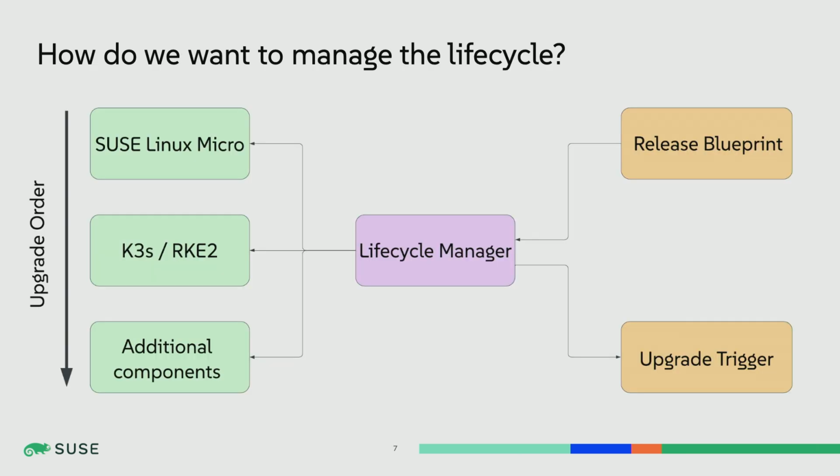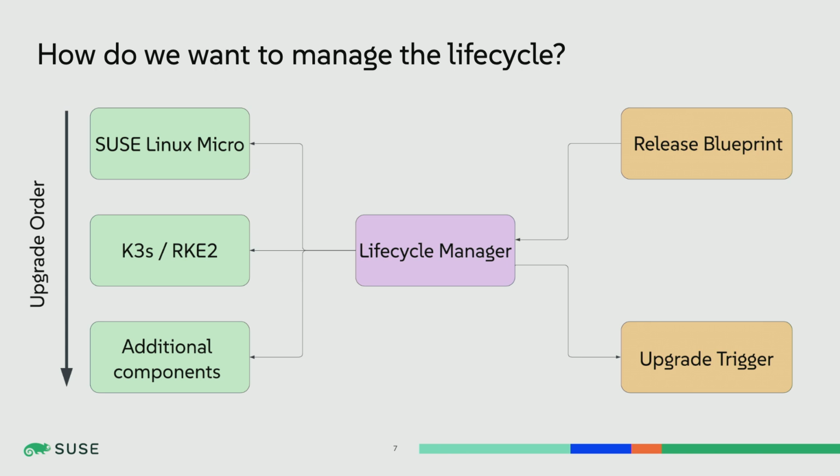Now, we have all these different things. So how do we want to manage their lifecycle? We came up with some sort of idea. If we have a concept called Lifecycle Manager right in the middle, then we have to think about two or maybe 3 different things. To the left, you see the upgrade order.